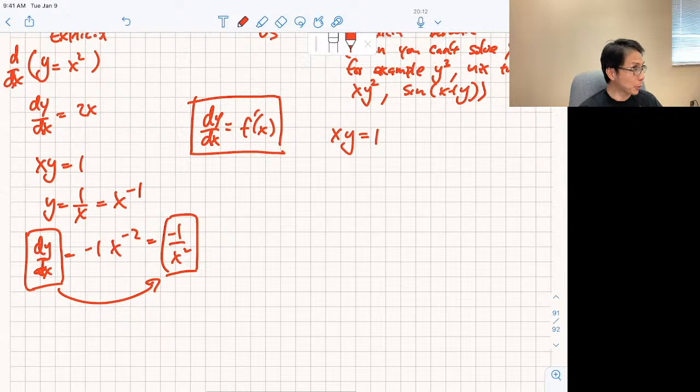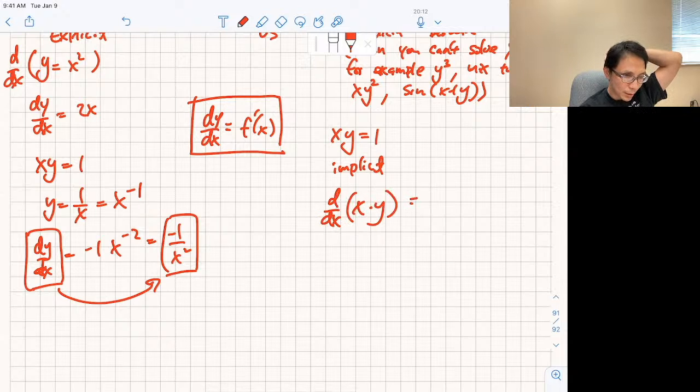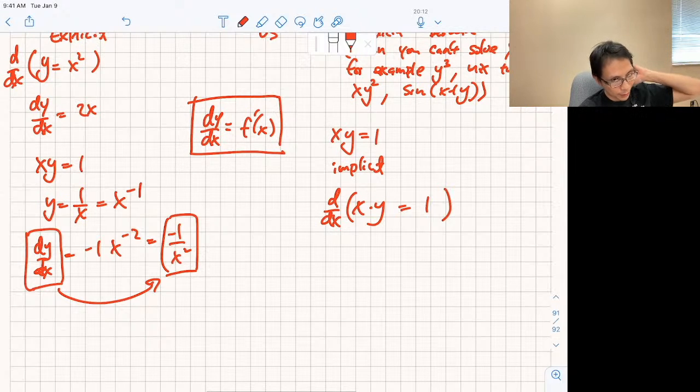Now I'm going to show you how to do implicit. You're going to have a lot of questions after I do the implicit derivative, but it's okay. Don't worry about it. Just see what implicit looks like, and then we will teach you how the details work. I'm going to take d dx of x times y equal to 1.